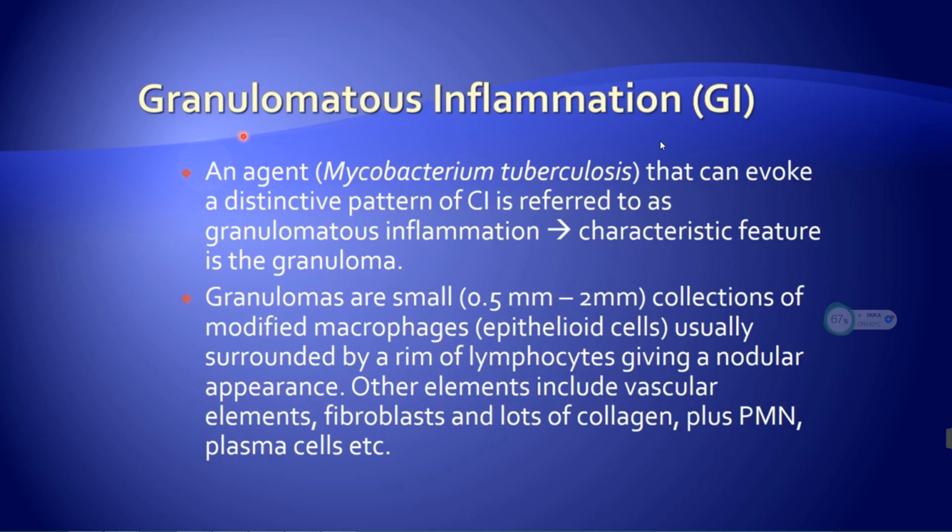So what I want to tell you before we get into this type of inflammation is that not all etiological agents will cause this type of chronic inflammation. So you have to understand that. Look back and see what chronic inflammation is characterized by. It's that proliferative response of those mononuclear cells. Specifically, we're dealing with the macrophages, lymphocytes, plasma cells.